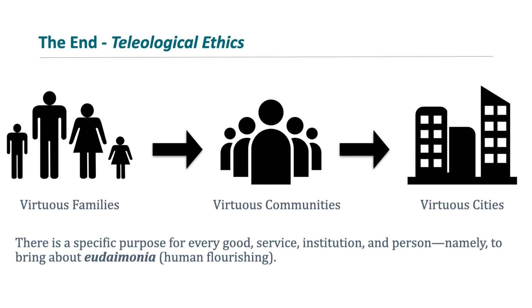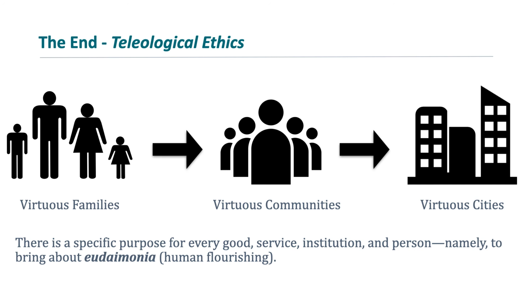And the reason why there are families is so that you can have virtuous communities, so that the community will flourish, so that you can have virtuous cities and virtuous countries, so that countries would experience human flourishing or human happiness. And so everything in Aristotle's ethics is focused on the end goal.